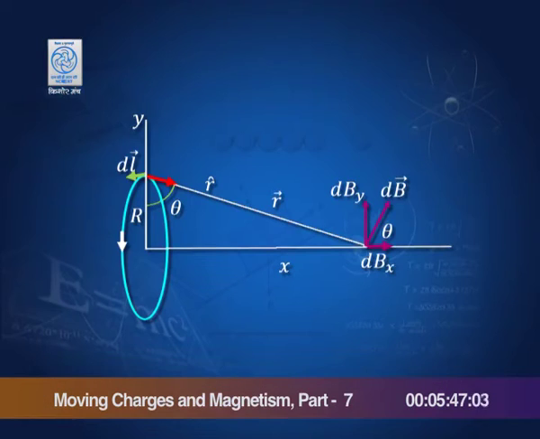That is all. And now, imagine a plane which contains dl and r cap. Now, in this plane, the angle between these two is pi by 2.